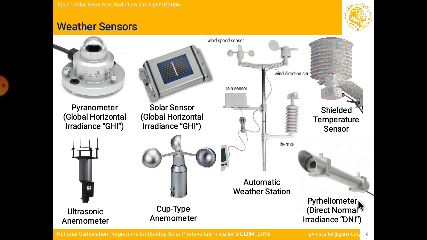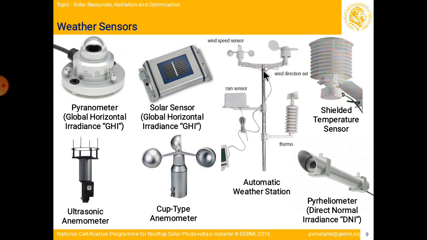Now these are certain weather sensors which we use to sense the temperature and the other parameters of the atmosphere. You can see the pyranometer, which is used for the global horizontal irradiance that we are getting from the sun, and this is again a solar sensor which measures the global horizontal irradiation, GHI.